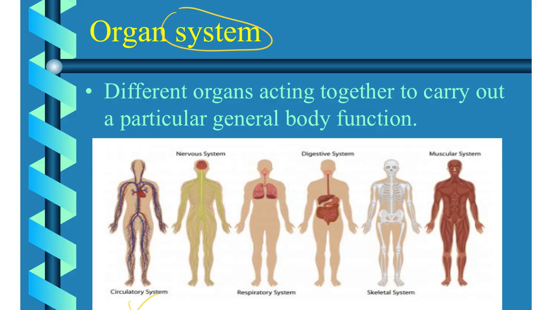So we've got the circulatory system, we have the heart, we have arteries. Well, there's only one organ in the circulatory system. The nervous system has the brain, it has the spinal cord, then it has the nerves coming off the spinal cord to the rest of the body.